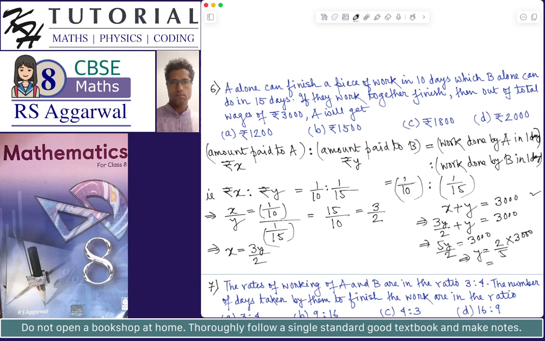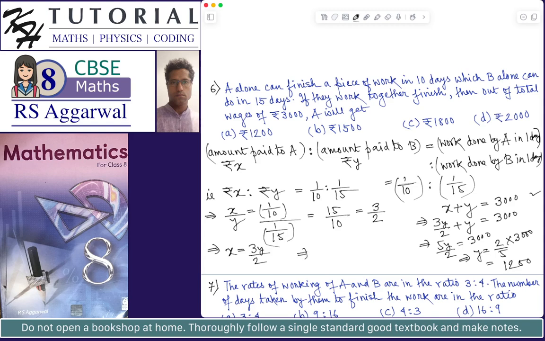This is equal to 1200. So as per our assumption, Y is the amount paid to B. Now we have to find X, because the question is asking what will A get. So Y is 1200.